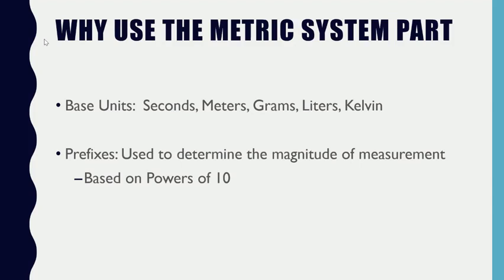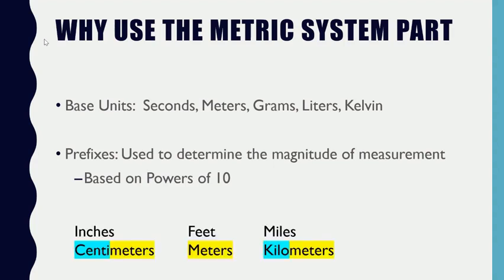Instead of having different units of measurement like feet, inches, and miles, the metric system is going to use prefixes to determine the magnitude of the measurement. And these are all based on powers of 10. So not only do we not need to memorize different units, but we also are able to work with powers of 10, which are very easy numbers to work with.